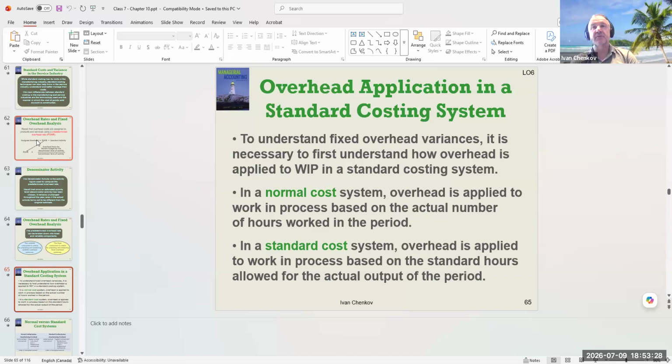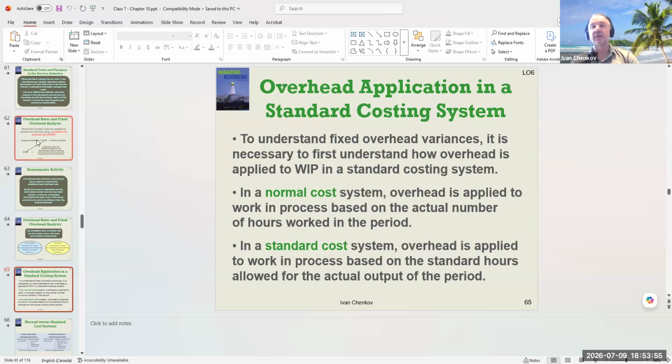To understand the fixed overhead variance, it's important for you to understand how the overhead is applied to the work in process in the standard costing system. In the standard costing system, which uses a predetermined overhead rate and applies it based on the actual usage of the allocation base, we have two options.